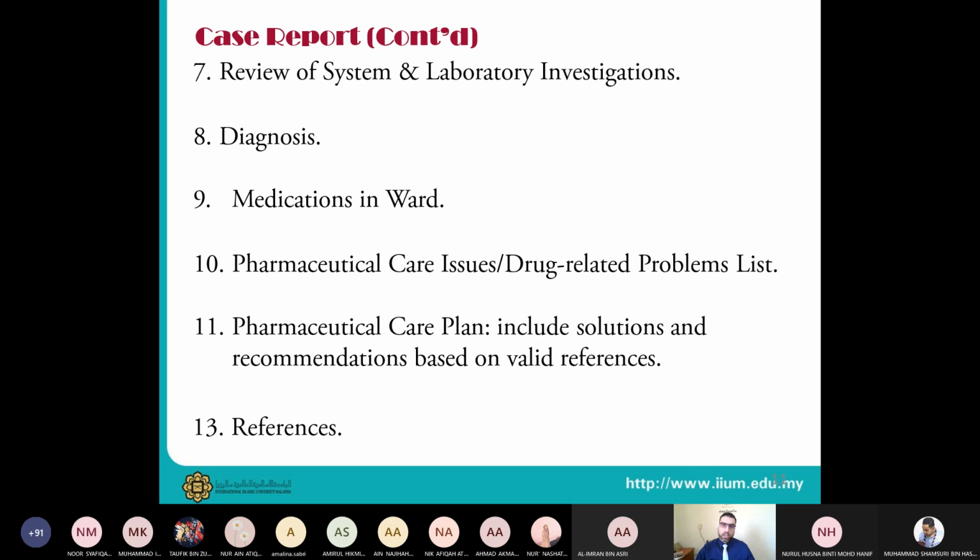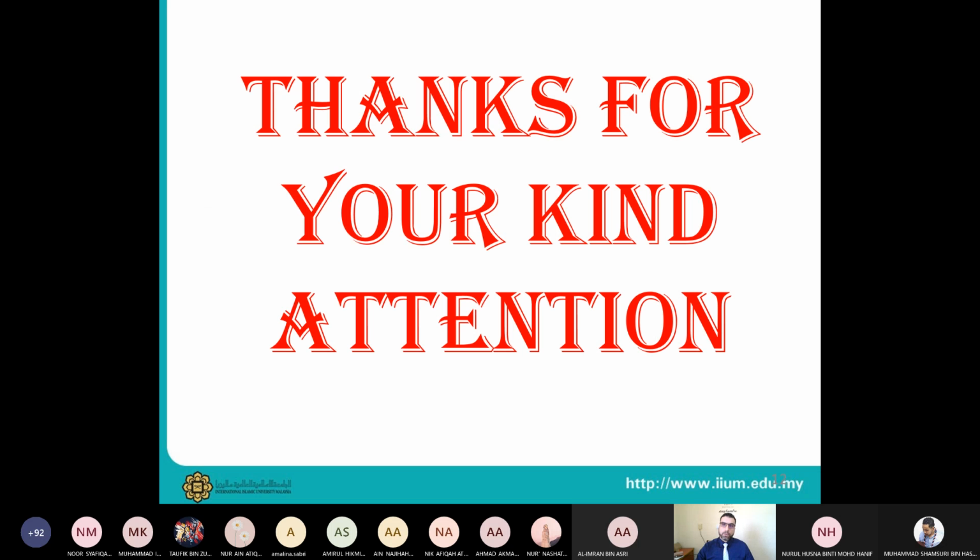When you refer to online sources, you have to know which websites are reliable and can be depended on for information, and which are unreliable sources. The last one, the references. So I think that's all related to the introduction in pharmacotherapeutics 1. If you have any questions, please let me know.